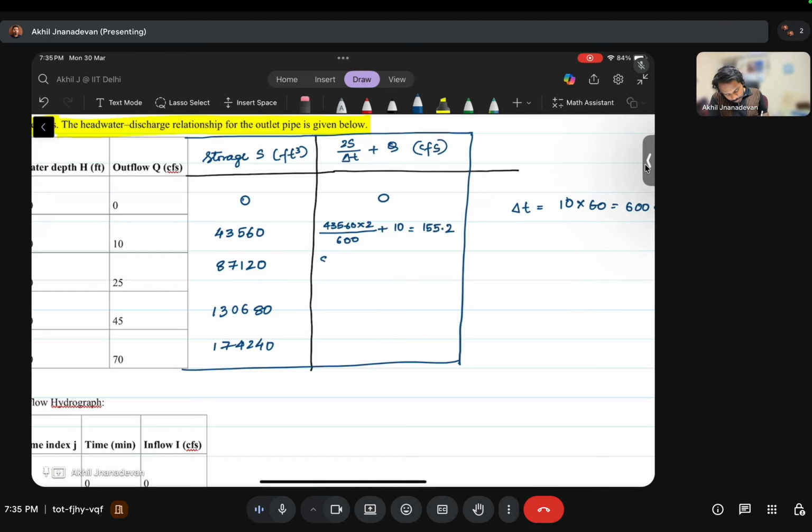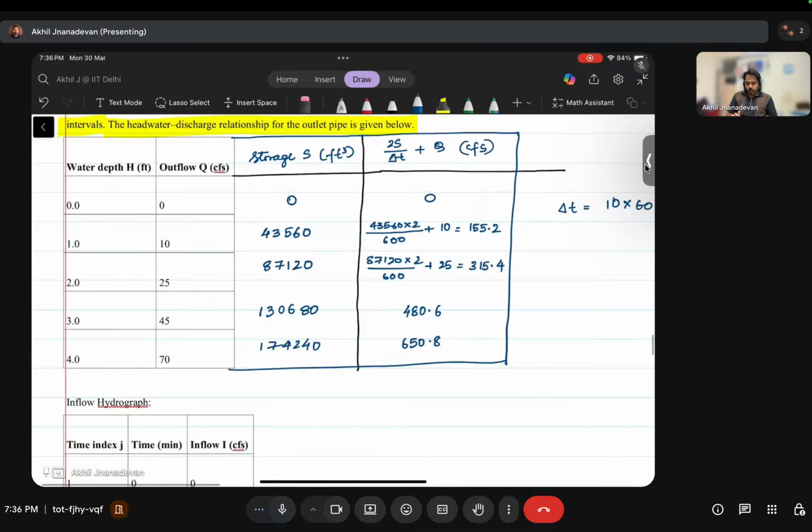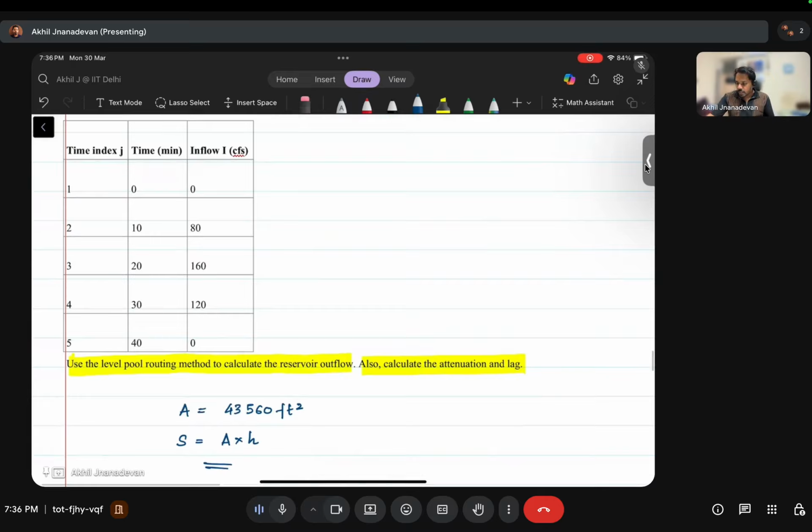Similarly, 87,120 into 2 by 600 plus 25 will be 315.4. Similarly, the next will be 480.6 and this will be 650.8. So these are the values of 2S by delta t plus q for different q and S values. This we already found out, and we will be using it later.